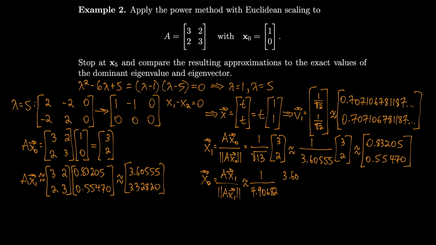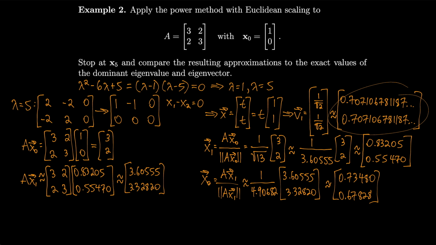Multiply that by (3.60555, 3.32820), and we'll end up with about (0.73480, 0.67828). So we're getting a little bit closer to what we should get for the eigenvector. Let's do Ax2 now.